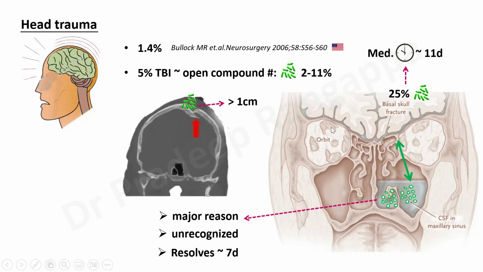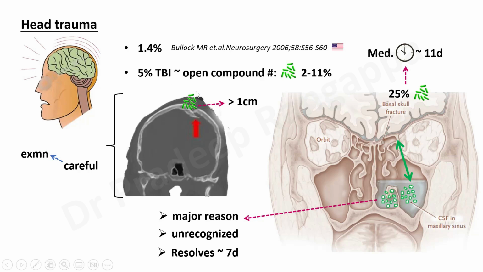Another important sign where the risk of meningitis goes up is a depressed skull fracture. If the depressed skull fracture is more than 1 centimeter depression, that constitutes an increased risk of nosocomial meningitis. And more than 1 centimeter depression possibly mandates surgical intervention as well.